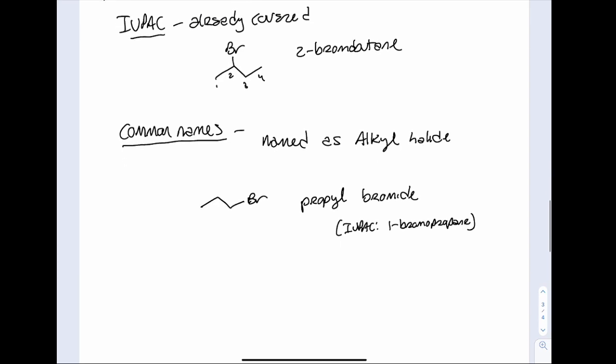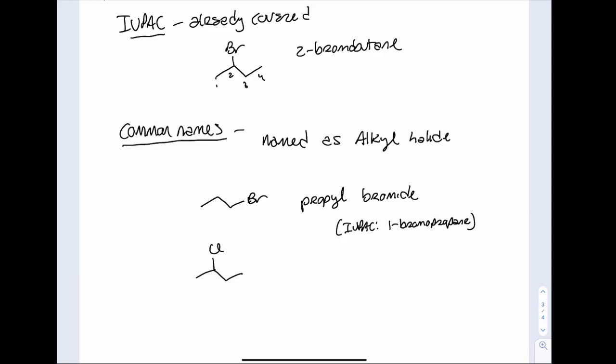This is similar to the one I did above. I just want to use another halogen. So IUPAC for this one, 2-chlorobutane. If I was to use the common name, if I want to name it as an alkyl halide, I actually would have a sec-butyl group.